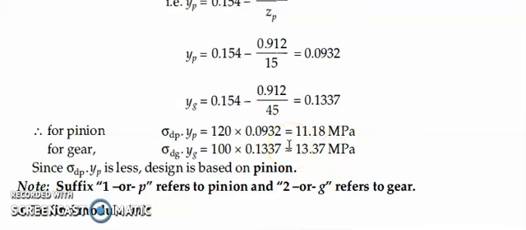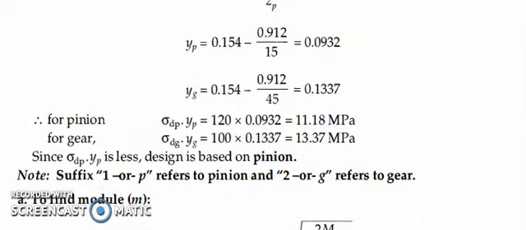As I discussed in the design procedure, we need to design the weaker part. Here the pinion is the weaker part. We can identify that sigma d into y, 11.18 megapascal, is lesser than 13.37, which is the value of the gear. So the conclusion of this first step is that the design is based on the pinion only.